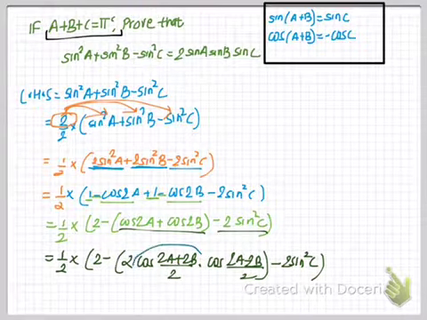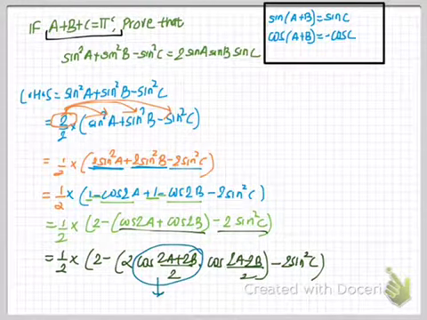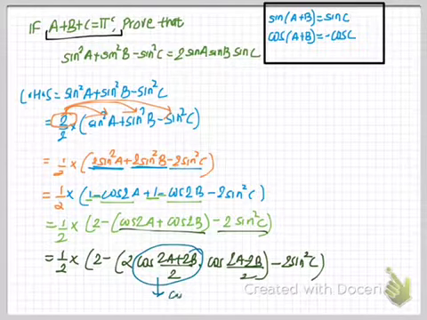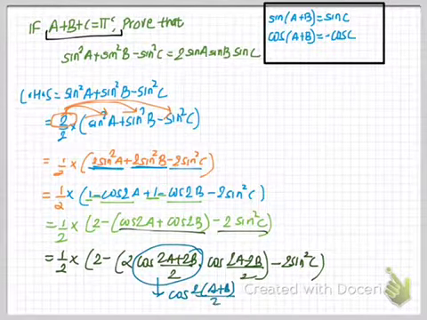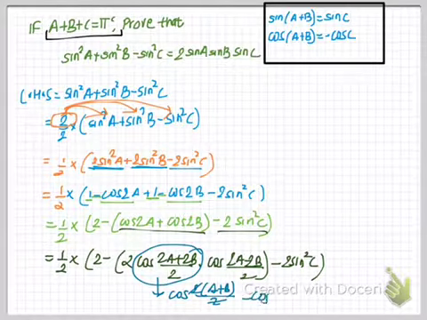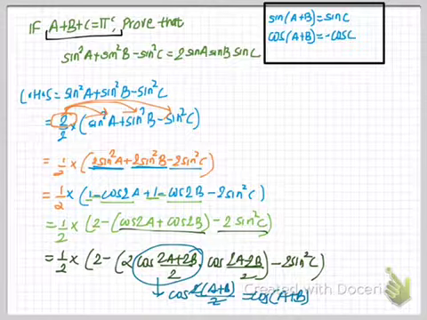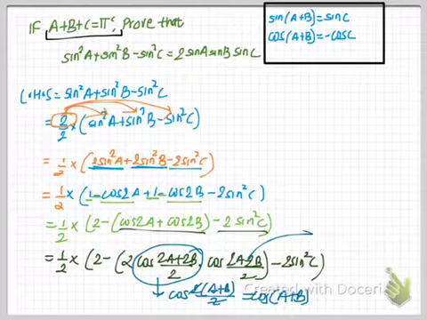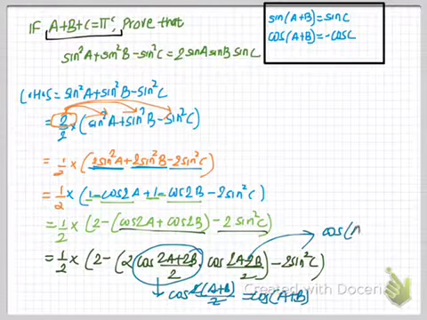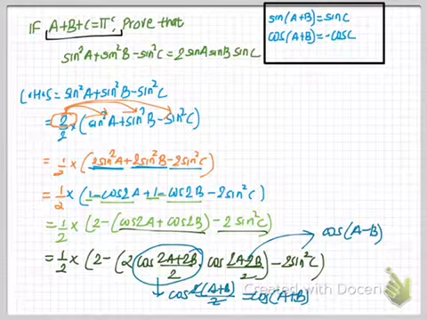Now I can simplify cos ((2A plus 2B) divided by 2) as cos (A plus B), and similarly, for cos ((2A minus 2B) divided by 2), I can directly write cos (A minus B), and that would be my next step.